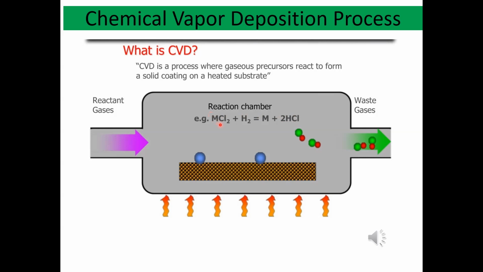So MCl2 means we may take any salt with dicationic metal ion, and we can react with hydrogen, and this reaction, basically this is not a gas phase reaction. Basically this reaction takes place at the surface of the substrate.